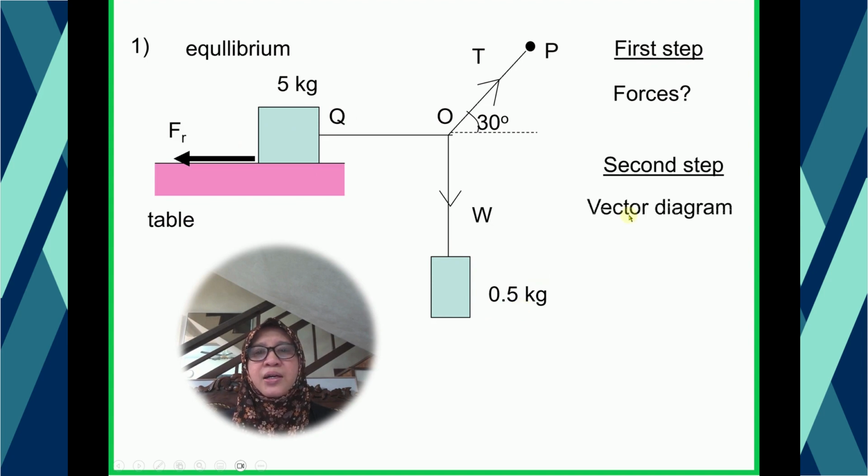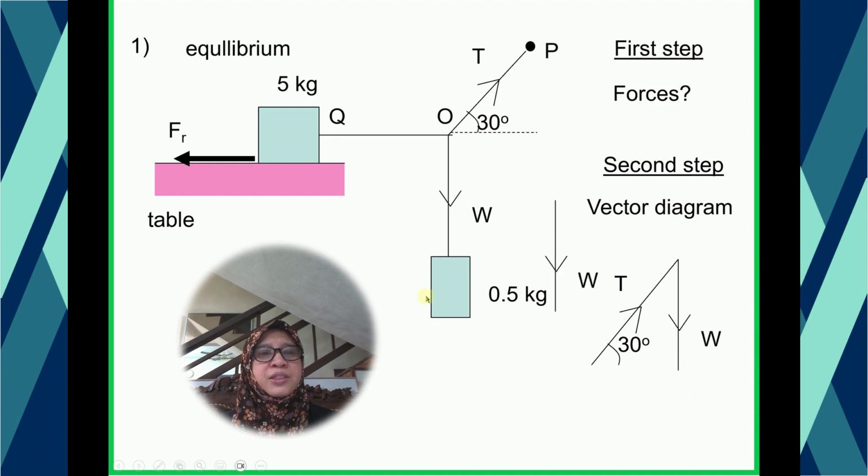Next step, we draw the vector diagram. From this T, we transfer to the vector diagram here, followed by the angle, which is 30 degrees from horizontal, followed by the weight, then followed by the frictional force.